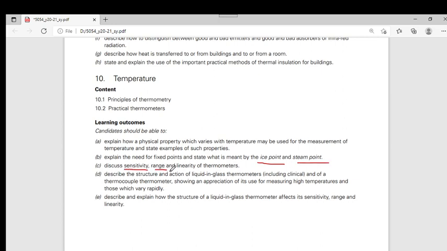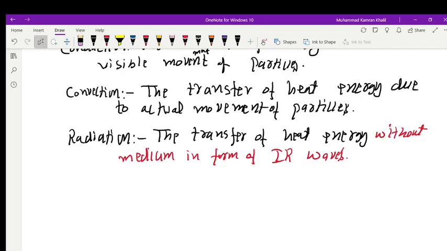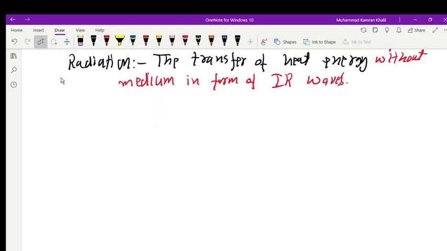Sensitivity, range, linear scale, then responsiveness of a thermometer. So now I will write down all these definitions. It is related with the topic number 10. So topic 10, temperature.